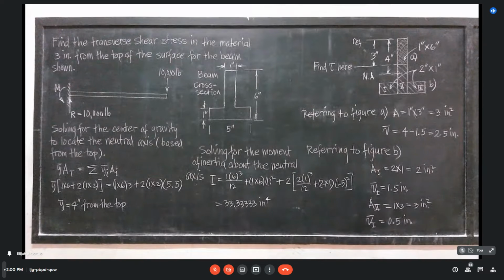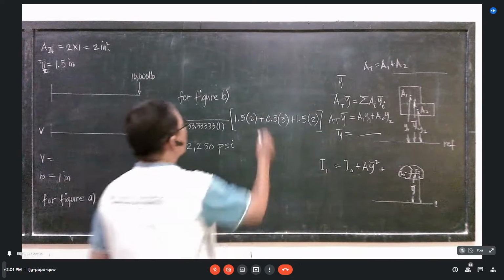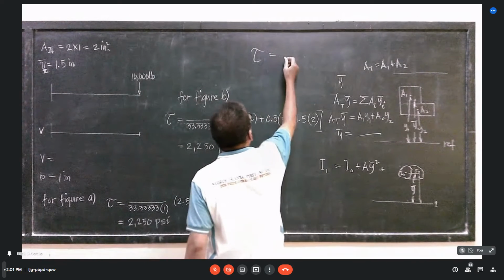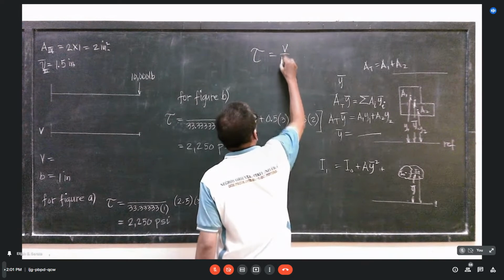So let's go now to the y bar, V bar A. Before we proceed with that, remember, our formula was VQ over IB.